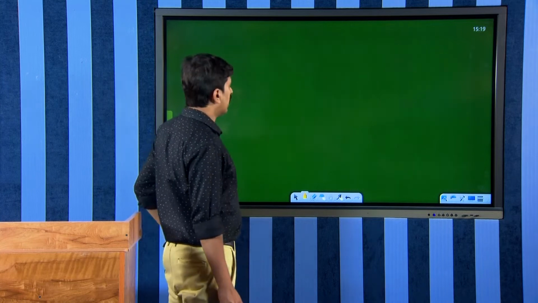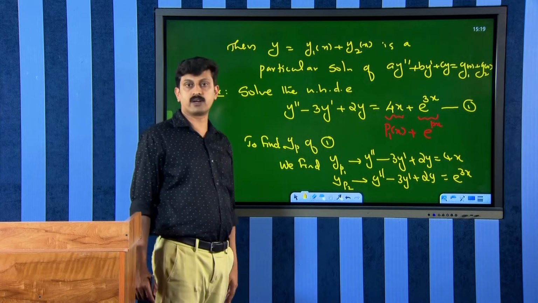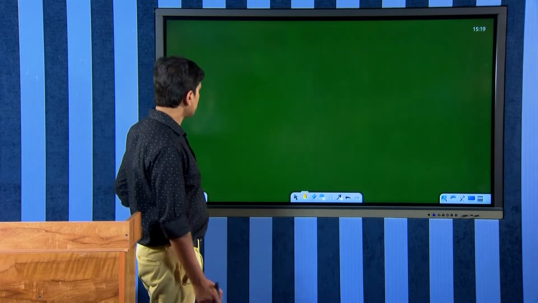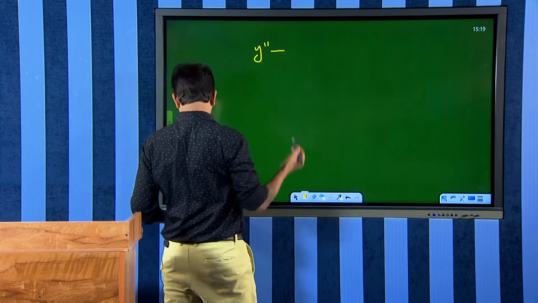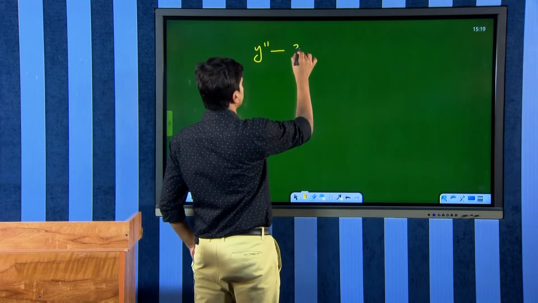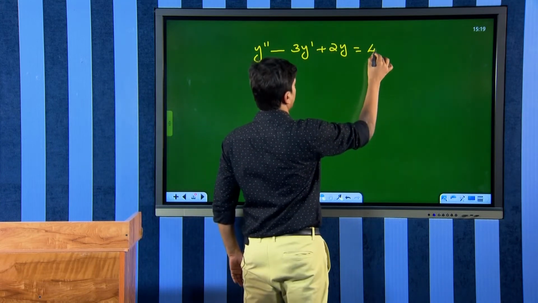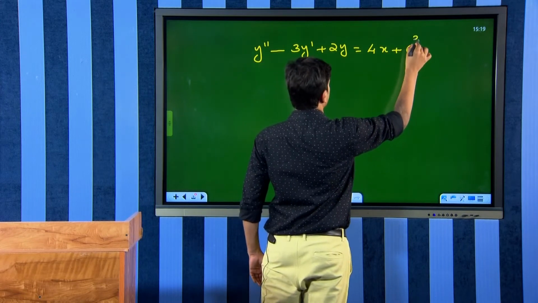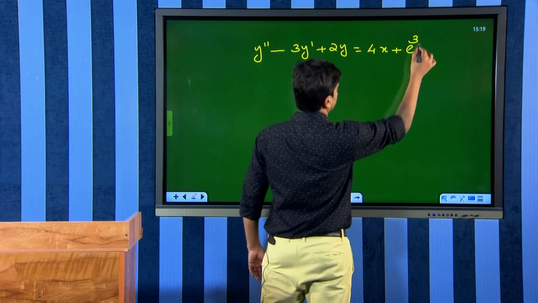So this is enough. In that case, we have y double dash minus 3y dash plus 2y, and finally here we will have 4x plus e raised to 3x.